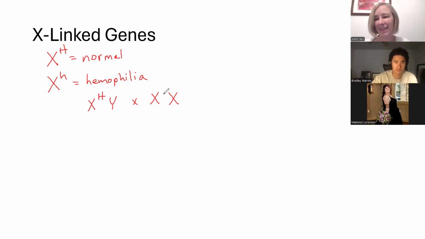Heterozygous. Yeah, so she would have a big H and a little h if she's a carrier. So she's normal, she doesn't have hemophilia, but she carries that recessive allele. Okay, so let's take a look at their possible kids.